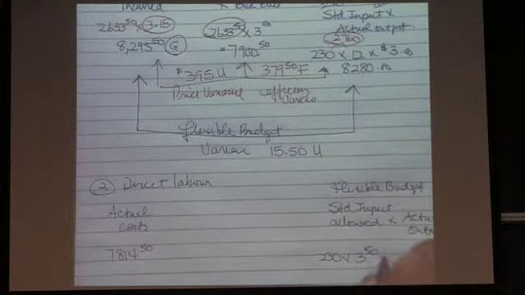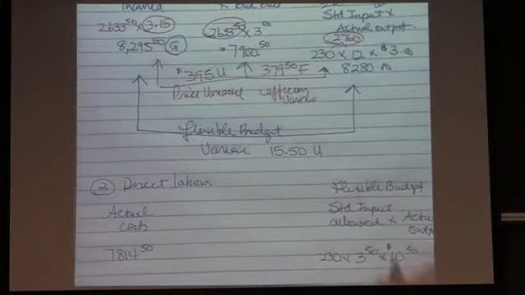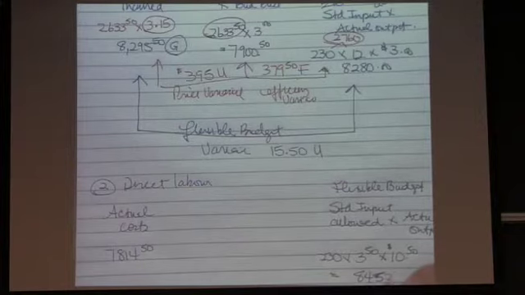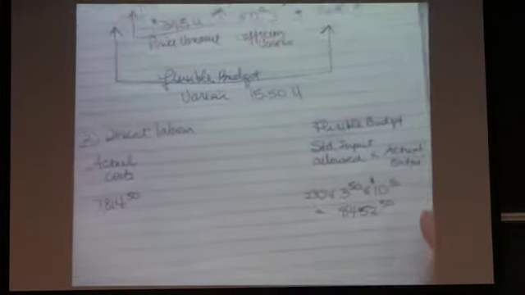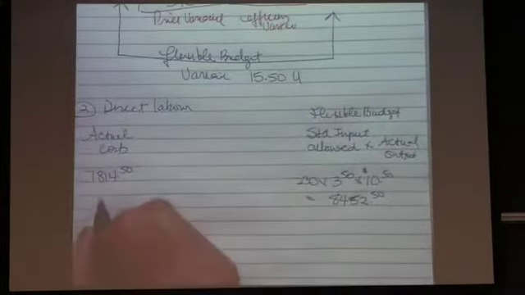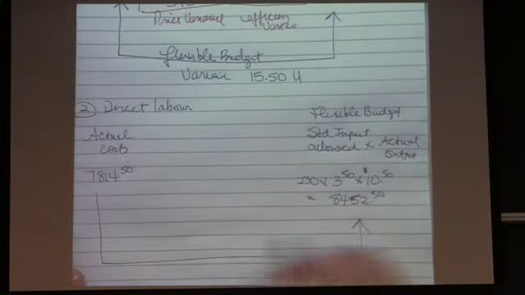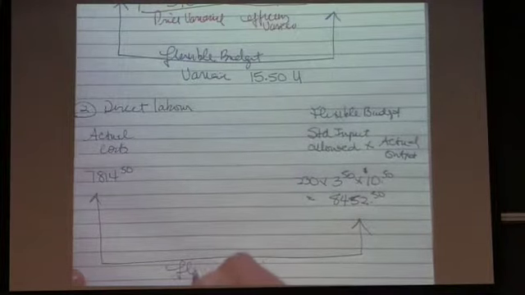So 350 times $10.50 is 8452.50. So when I look at the difference between these two, this is called my flexible budget variance.